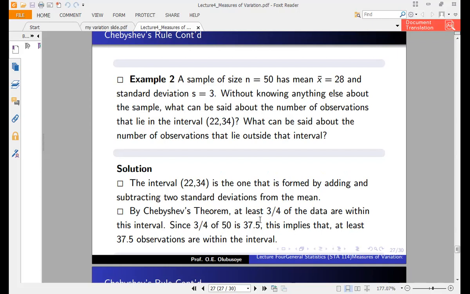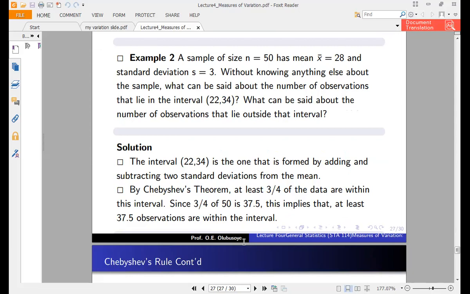You can try it yourself, but it does not make sense to say 37.5 students or observations will lie between two things. Instead, we should do approximation. So if you approximate this 37.5, you are going to get 38. So in that case, we can say the number of observations that will lie between the interval 22 and 34 will be 38.